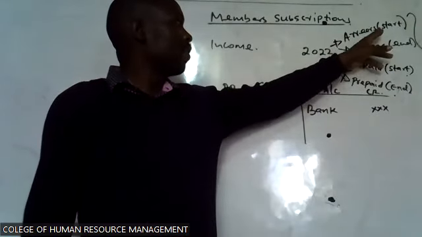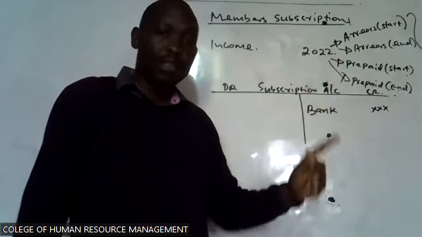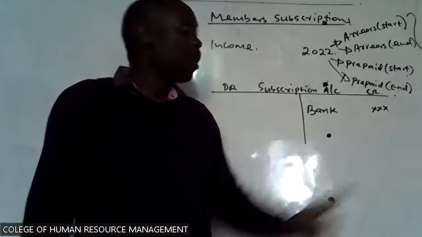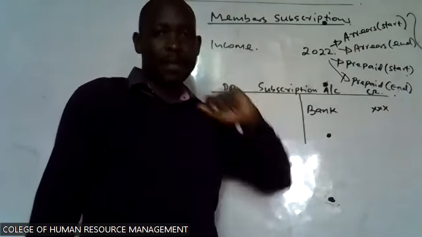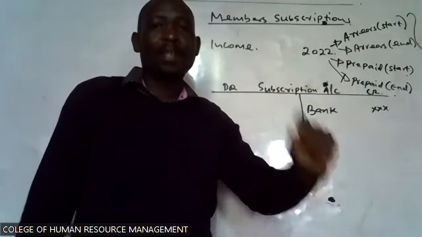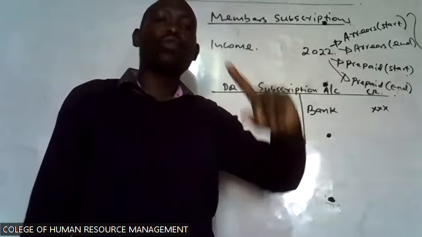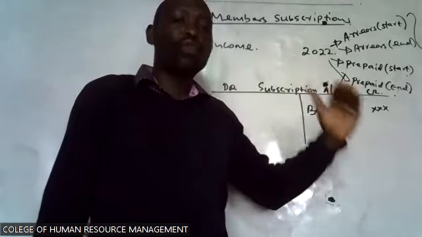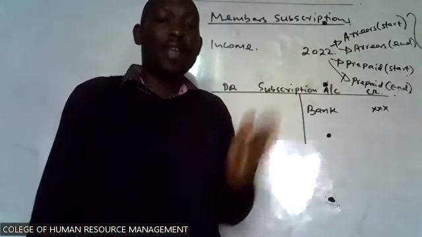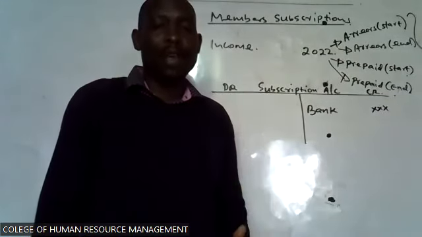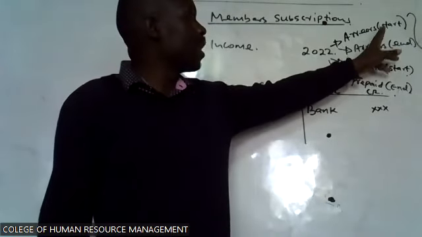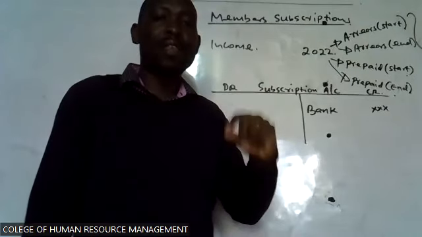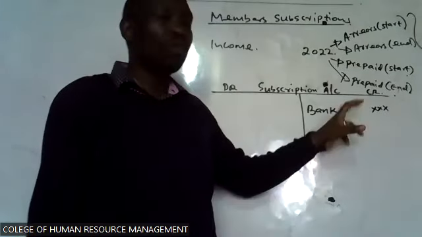Remember, arrears at the start of 2022 means that by the time we were starting 2022, this money had not been paid. So it simply means that that money was for 2021. Some members had not paid their subscription for 2021. That's why they have arrears by the time we are starting this year. So arrears at start is an arrear for the previous year, or that amount was supposed to be received in the previous year, so it is not for 2022.